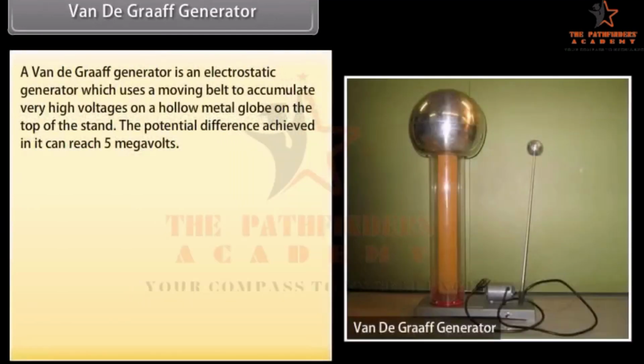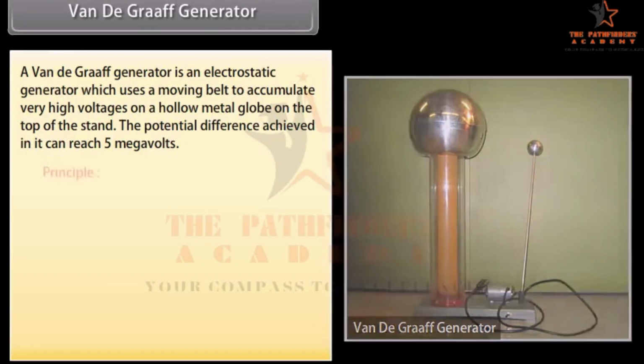Van de Graaff Generator. A Van de Graaff generator is an electrostatic generator which uses a moving belt to accumulate very high voltages on a hollow metal globe on the top of the stand. The potential difference achieved in it can reach 5 megavolts.